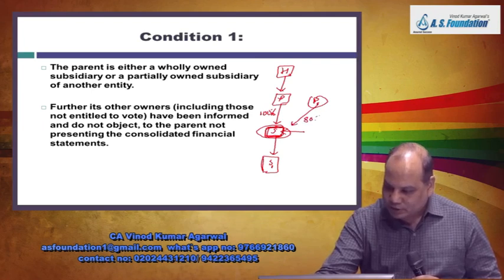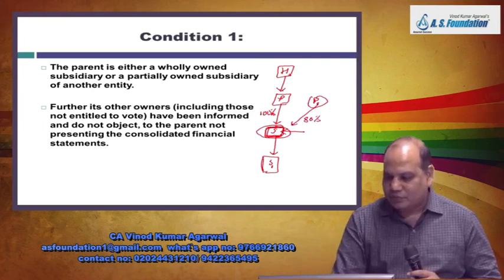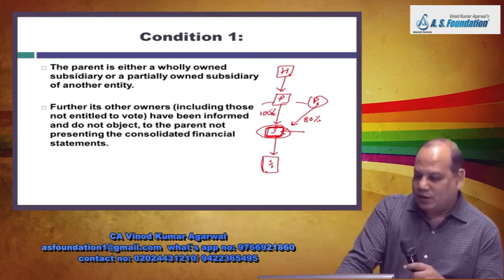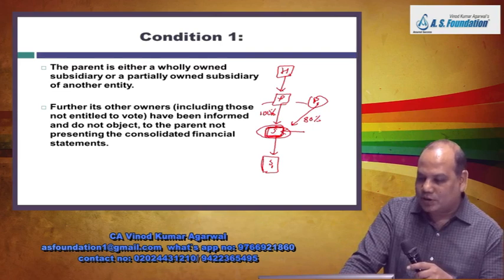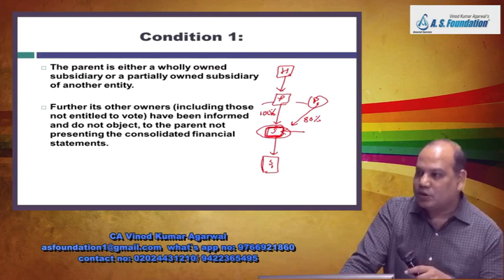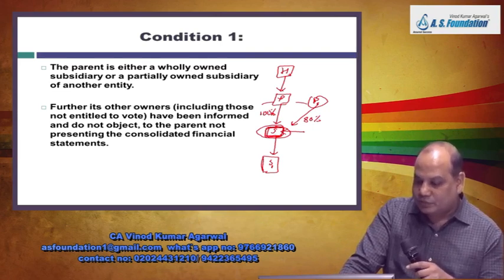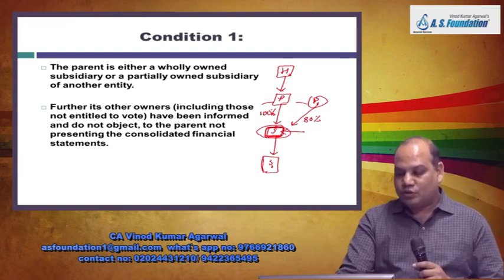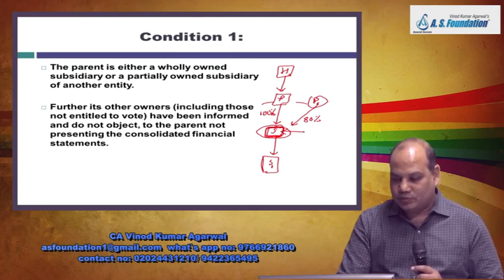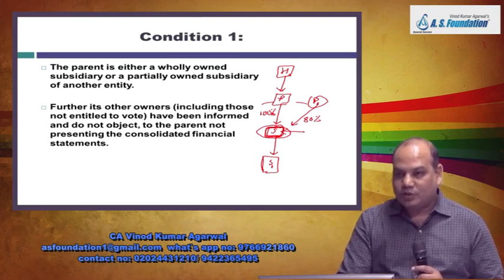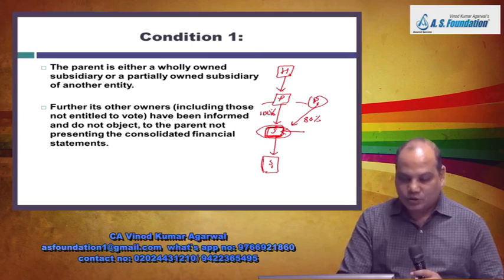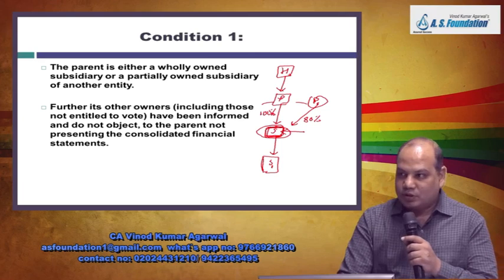It holds 80% share in S. S is either a wholly owned subsidiary or a partially owned subsidiary of another entity. Further, its owners, including those not entitled to vote, have been informed and do not object to the parent not presenting the consolidated financial statements.